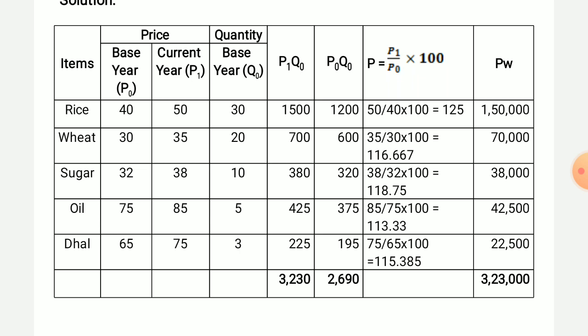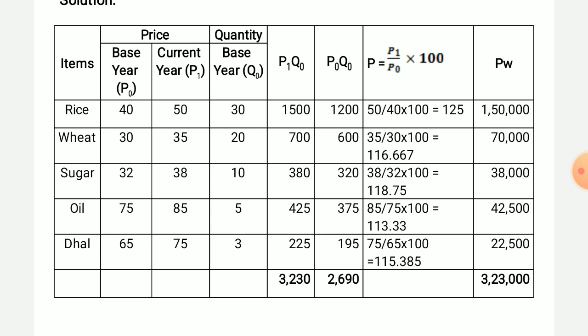Therefore P0 Q0, base year price and base year quantity: 40 into 30 is 1200, 30 into 20 is 600, 32 into 10 is 320, 75 into 5 is 375, 65 into 3 is 195.